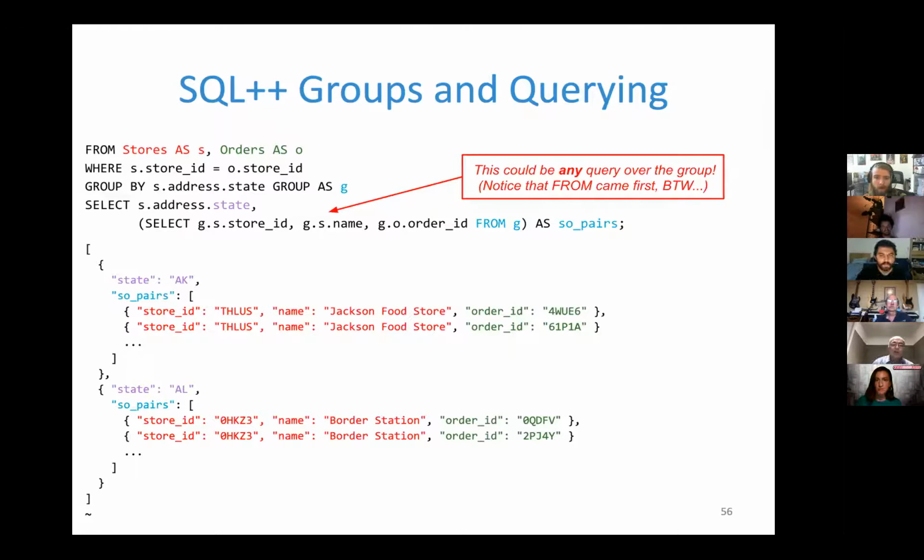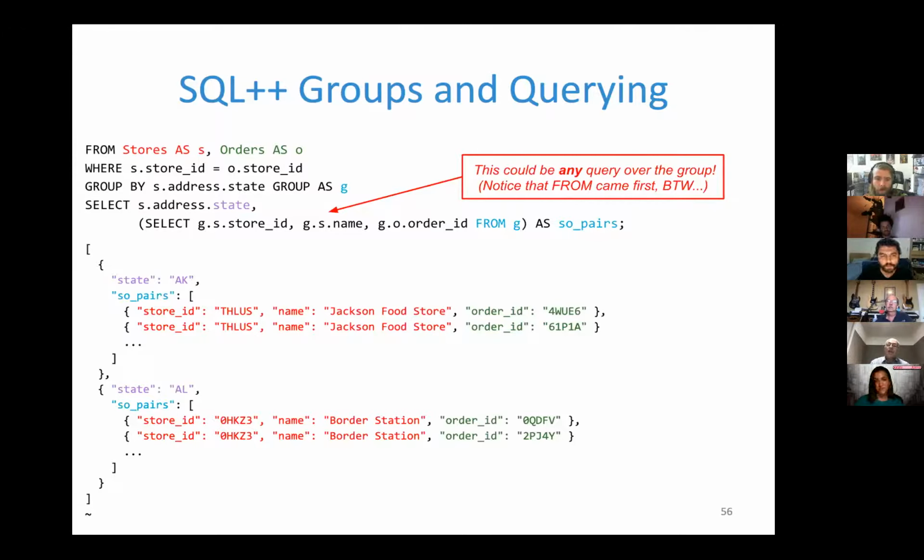So right now you get these groups and you run a query. Here you have one group for the state of Arkansas, and then you get all of the store and order pairs, and you can really reason about these things.